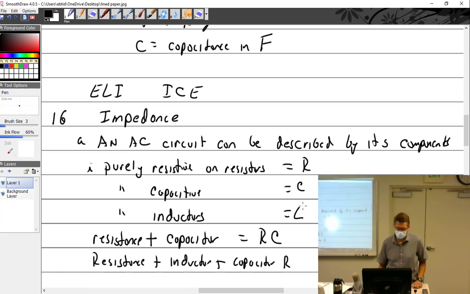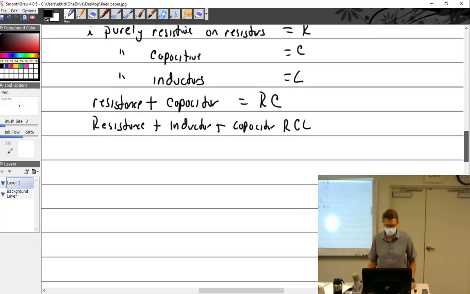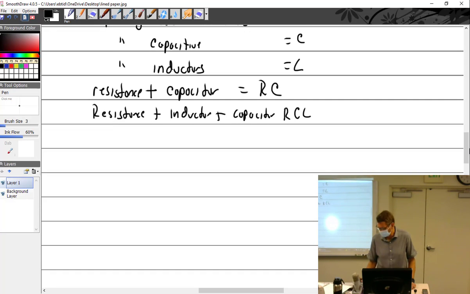RCL is the way we say it, even though I wrote inductor then capacitor. And of course you could have resistance and inductor, which would be an RL. I didn't want to belabor this point because it was kind of basic. So if you see an RCL circuit, it means it has resistors, capacitors, and coils.